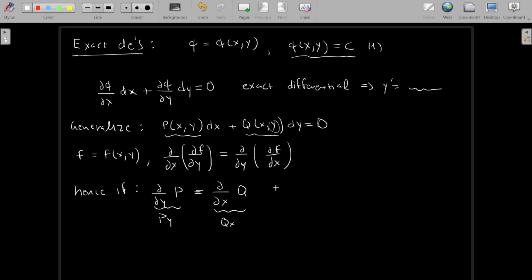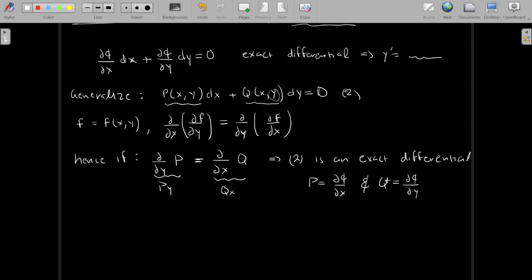If these two are equal, it follows then that this, let's call it 2, is an exact differential, meaning that p is the partial derivative of phi with respect to x, and q is the partial derivative of phi with respect to y, which is very easily solvable because these are both separable differential equations, the first kind of equation we stumbled across, and we know how easy it is to solve them, right?